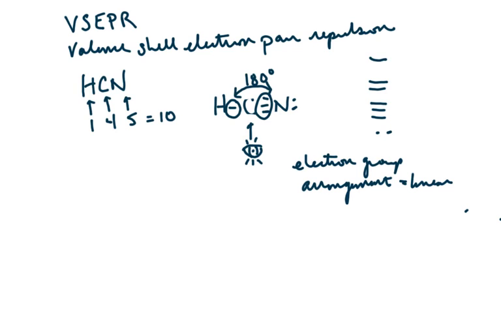Now there are no lone pairs there, so the electron group arrangement is the same as the molecular shape, which is also linear. Now, when we have lone pairs around that central atom, that's going to change. The electron group arrangement is going to be different than the molecular shape, but we're going to get to that in a minute. So that's the easiest shape to draw.